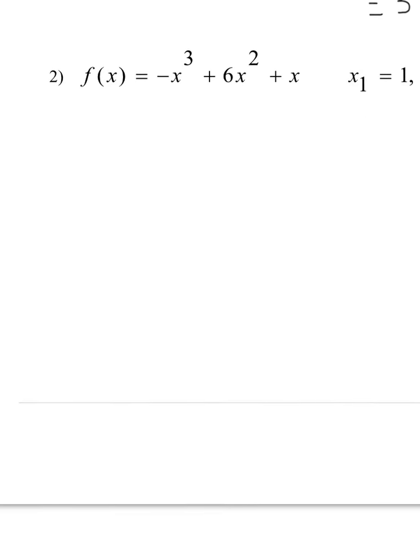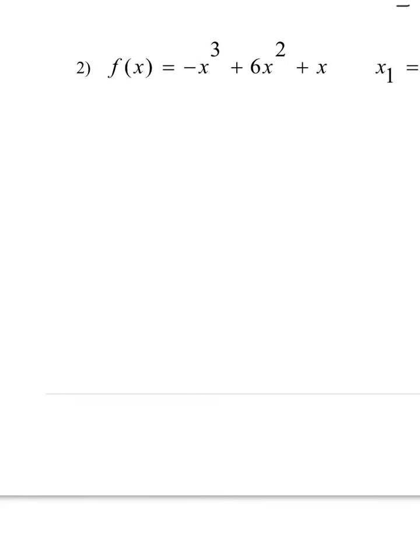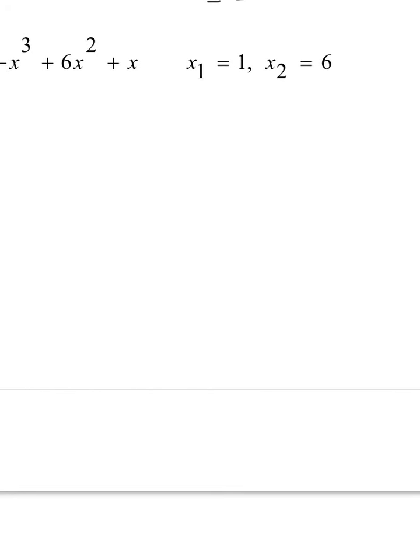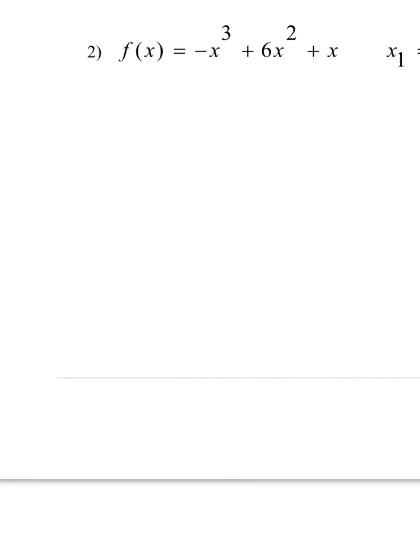This is example 2, and I'm going to leave it kind of big here. This is a cubic function, and they want us to use 1 for x1 and 6 for x2. So we create our table, using 1 for x1 and 6 for x2.